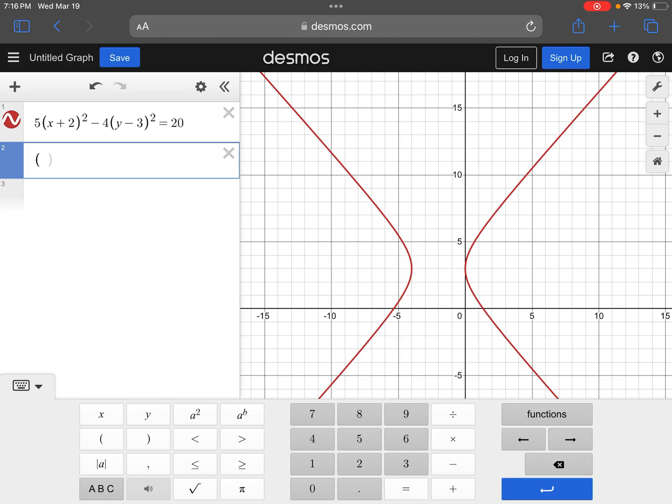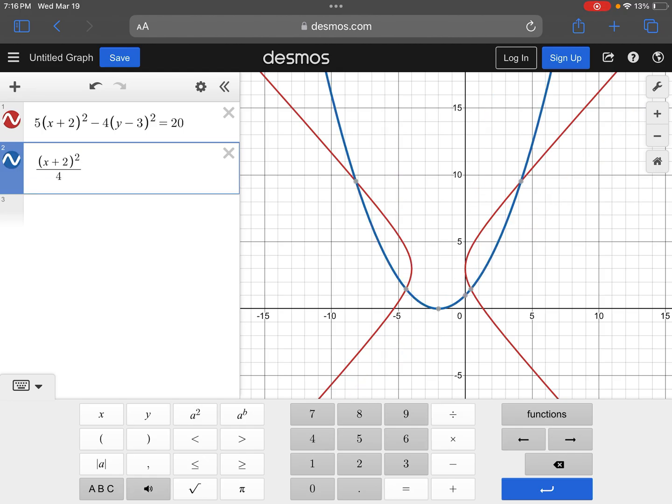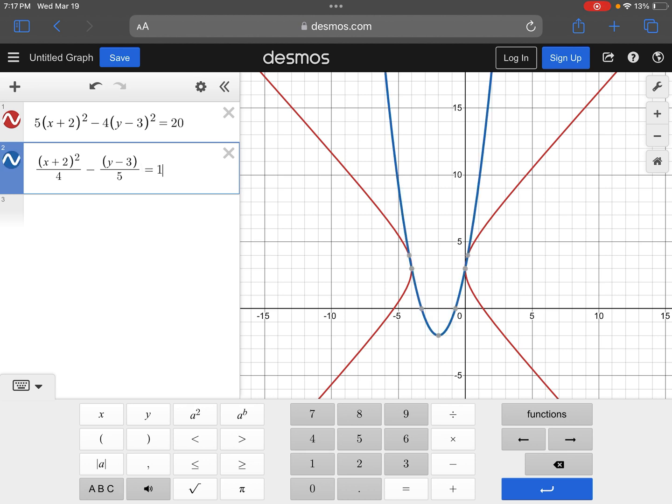Okay, so we have x plus 2 divided by 4 minus y minus 3 divided by 5 equals 1. Oh, forgot to square it. Okay.